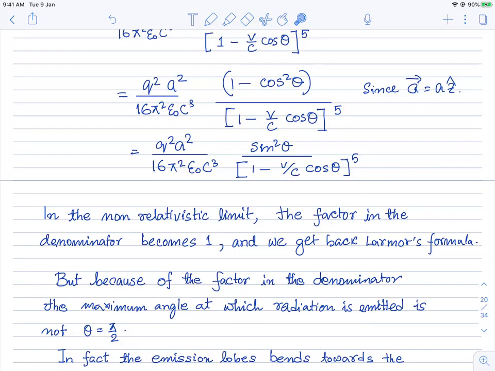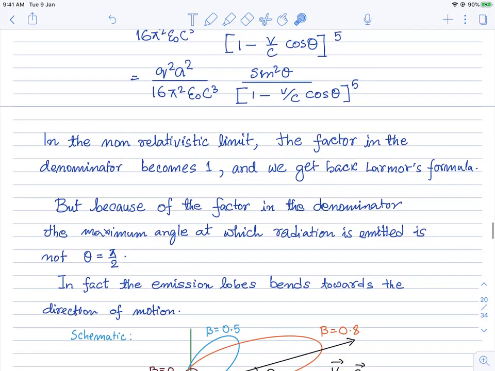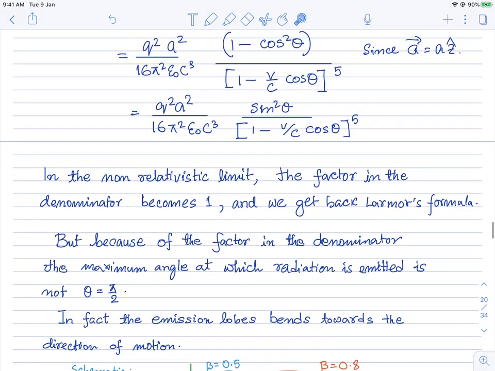Okay, so this is a generalization of the Larmor formula, and this formula is very interesting because you see the theta dependence is not something which is very simple anymore.